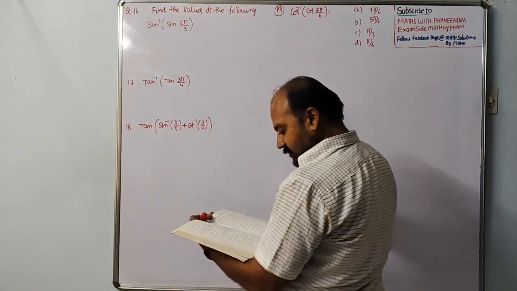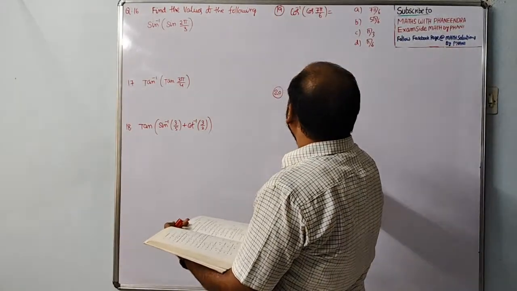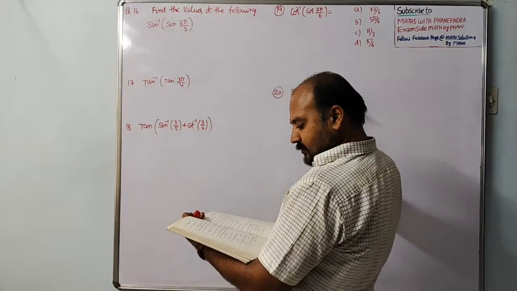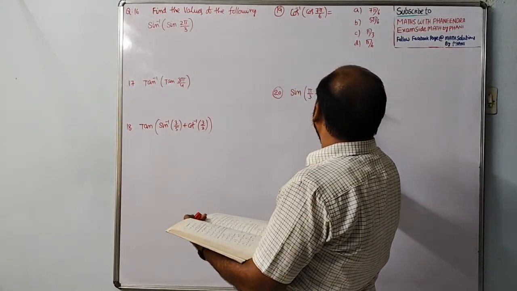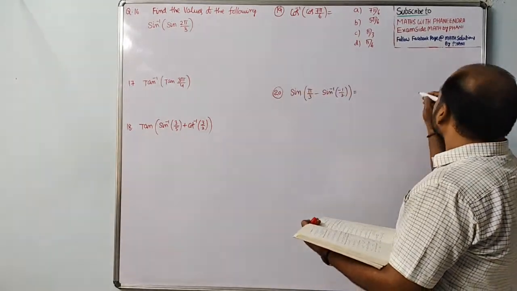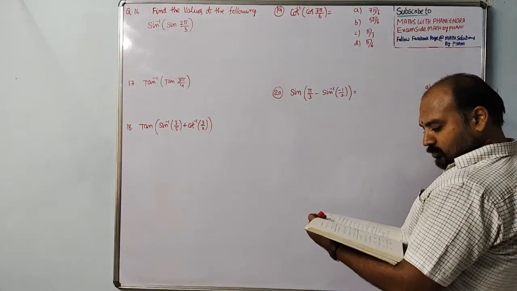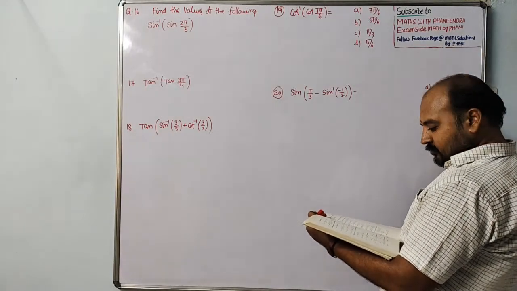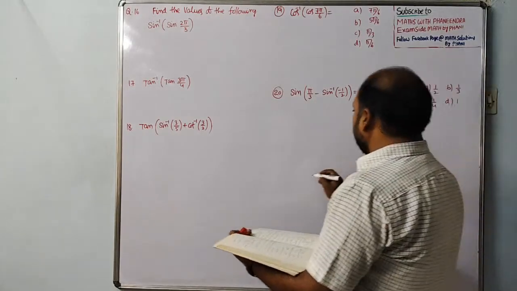Question number 20. Sine of pi by 3 minus sine inverse of minus 1 by 2 is equal to. So options: 1 by 2, 1 by 3, 1 by 4, 1.